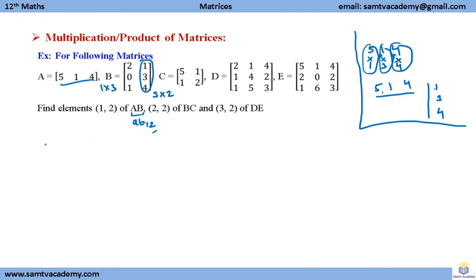So the AB 1 2 element will be 5 into 1 plus 1 into 3 plus 4 into 4. So the answer will be 4 4 is 16, 16 plus 3 is 19.